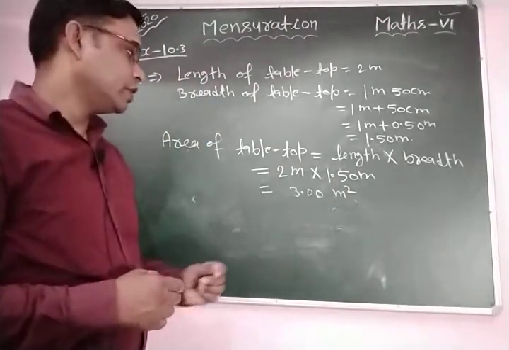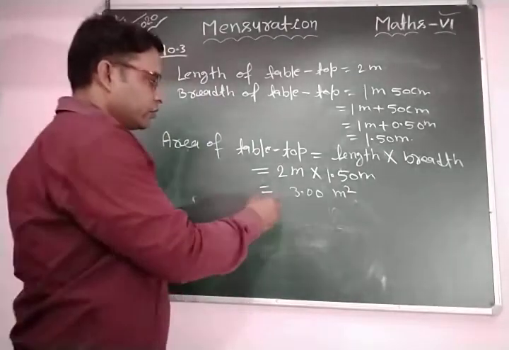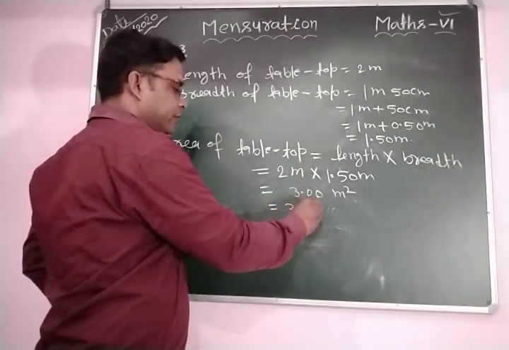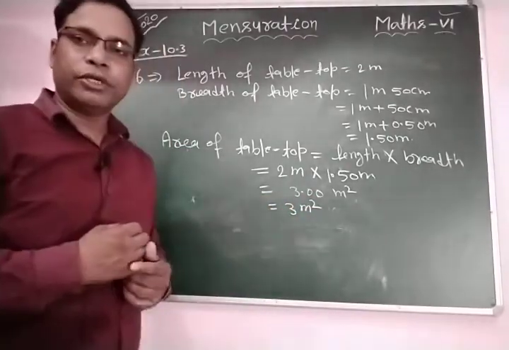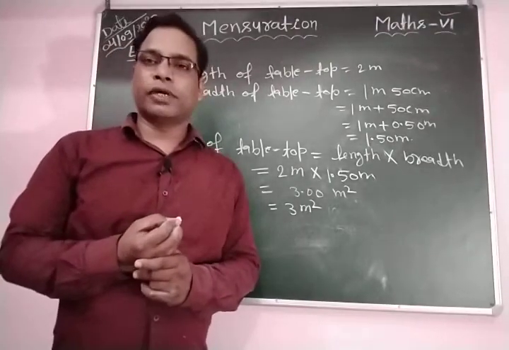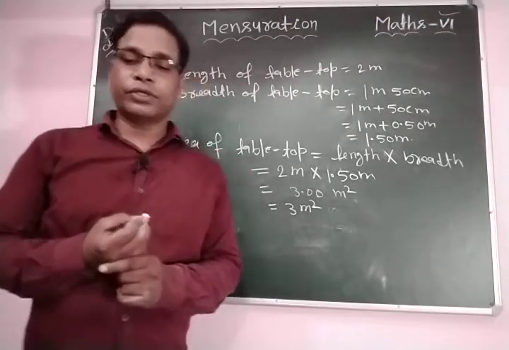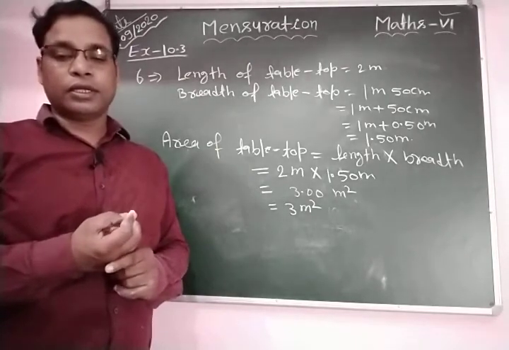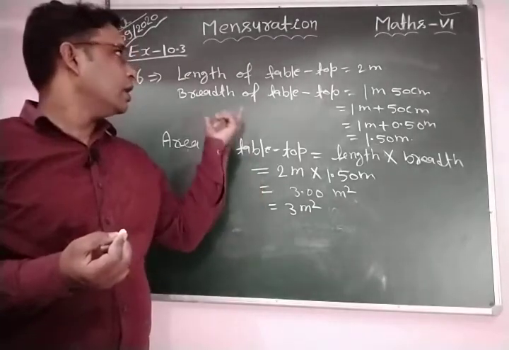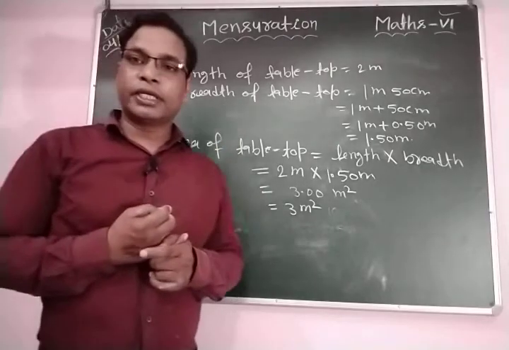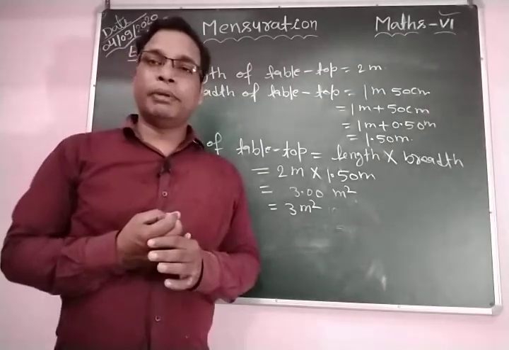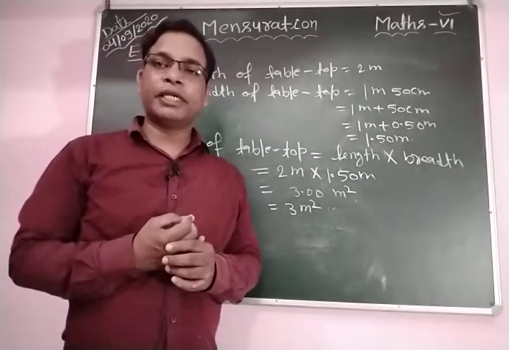Students, I hope all have understood. You can also write this as 3 meter square; 3.00 meter square means 3 meter squares. In this question the length of the tabletop is 2 meter and the breadth is 1 meter 50 centimeters.